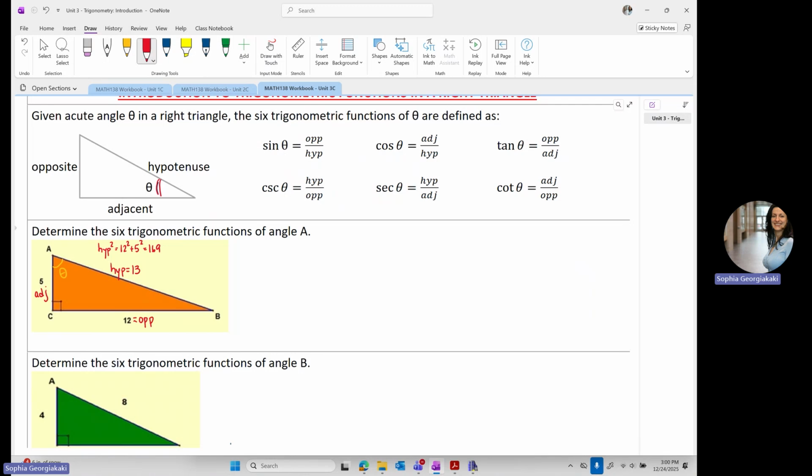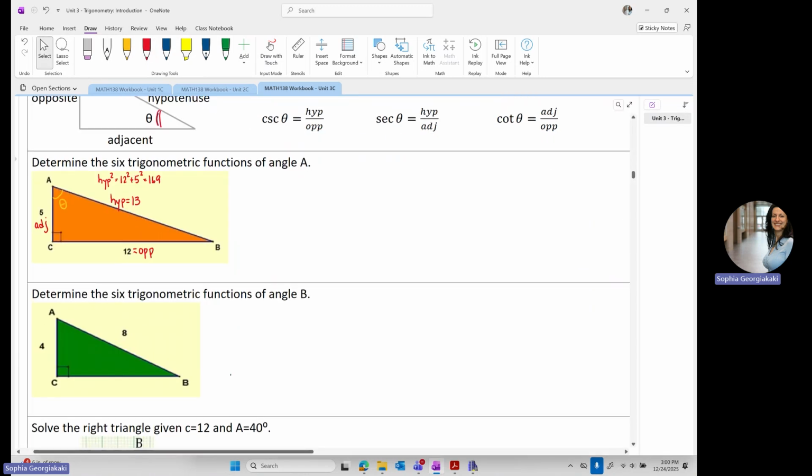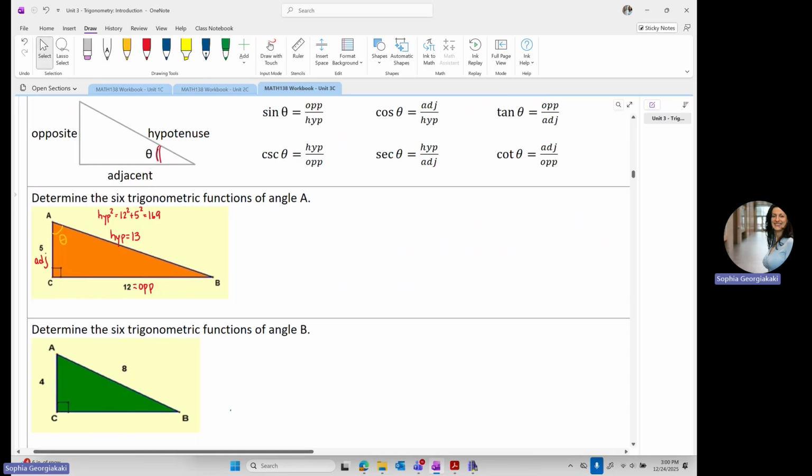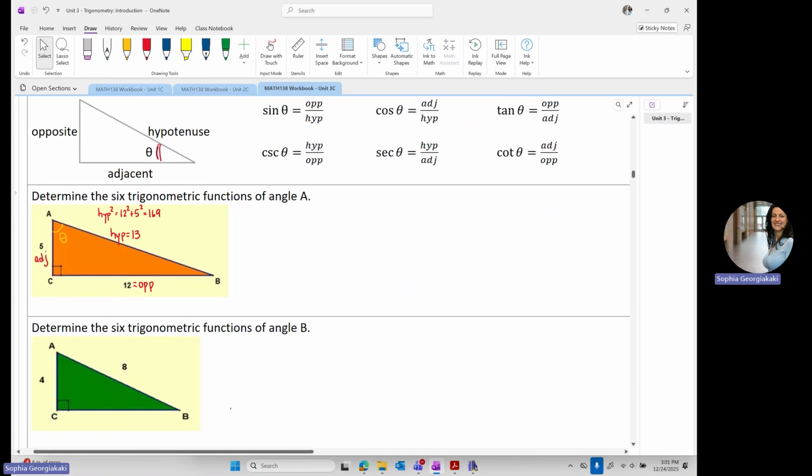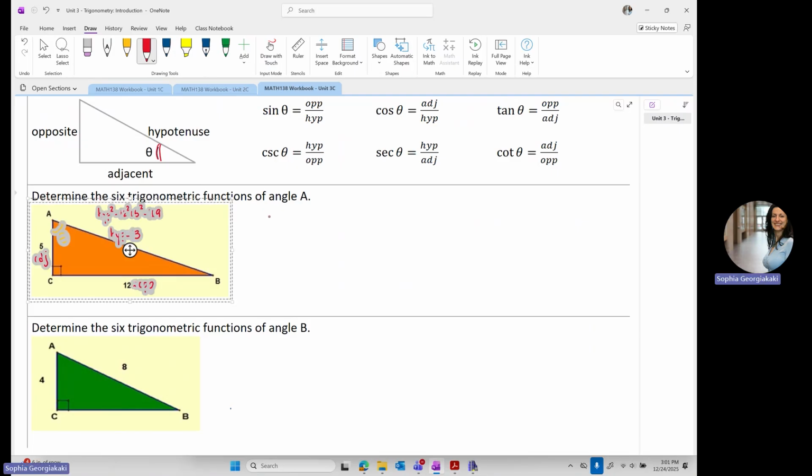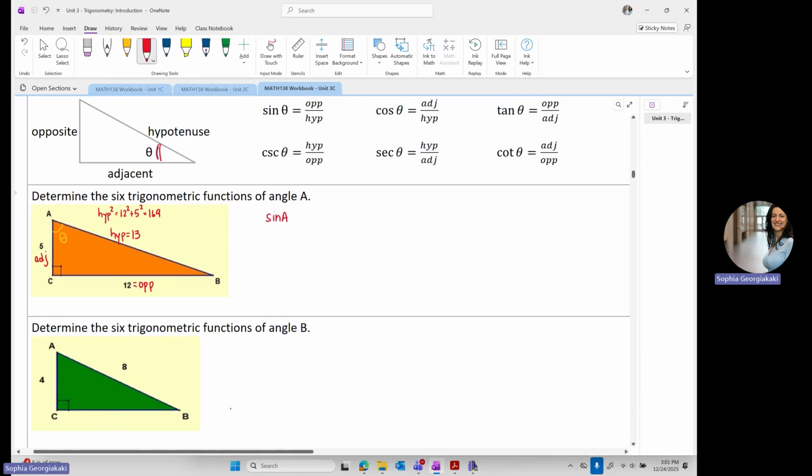So now we can find the six trigonometric functions of angle A. Try to pause the video and see if you can apply the formulas from your packet or from the notes. The sine of A is opposite over hypotenuse. The cosine of A is adjacent over hypotenuse.